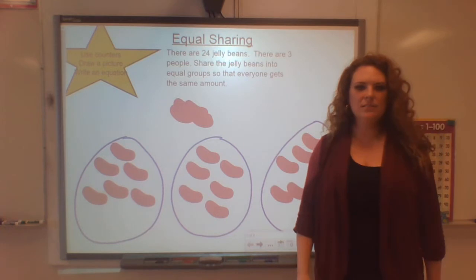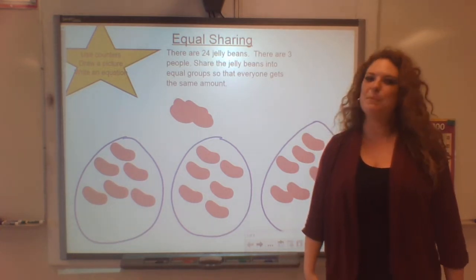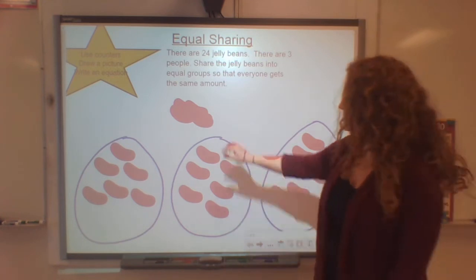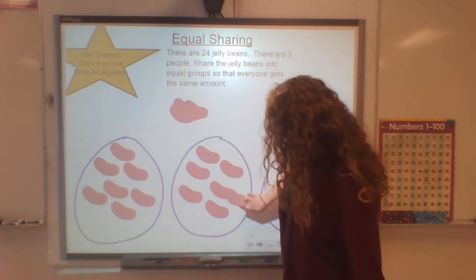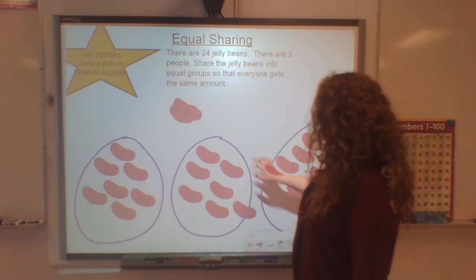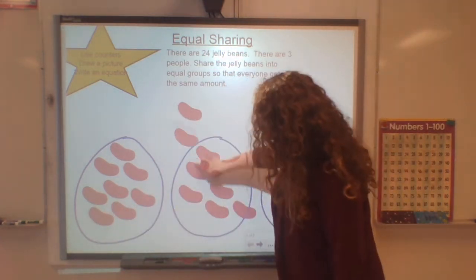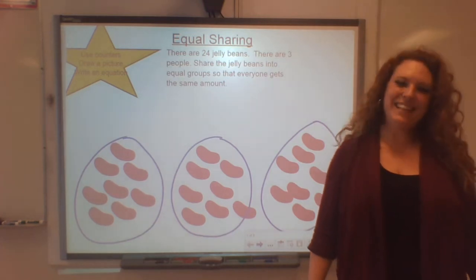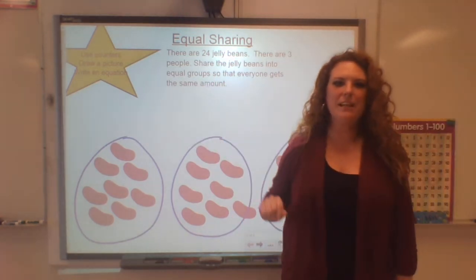Now am I done? They get lots of jelly beans. I'm not done. I still have a pile of jelly beans, so I'm going to keep going until I have none left. Alyssa, Chloe, and Wyatt. Alyssa, Chloe, and Wyatt. Am I done? Yes, I'm done. I have no more jelly beans left in my pile.